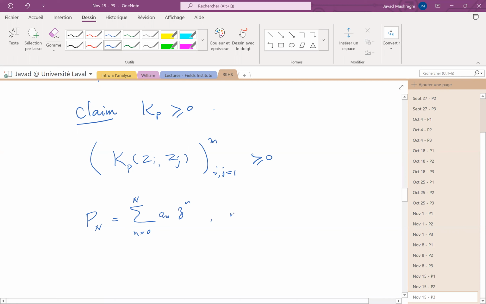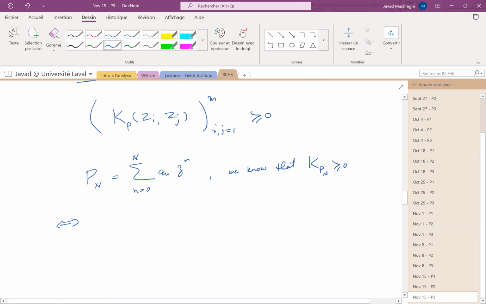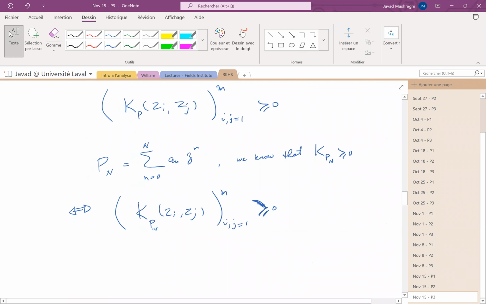And we know that Kpn is positive, which is equivalent to the fact that Kpn(Zi, Zj), i and j from 1 up to m, is a positive matrix. It's a matrix with m squared elements.